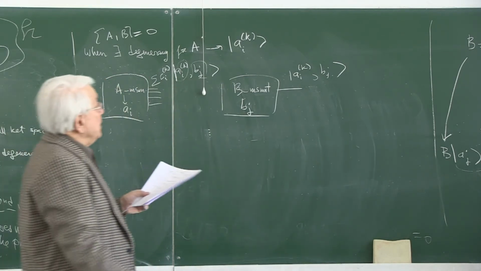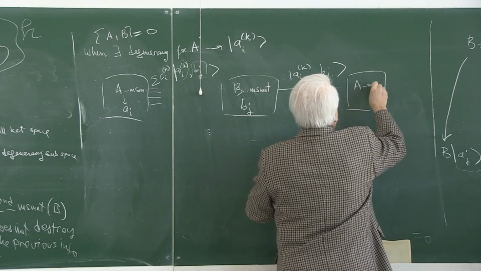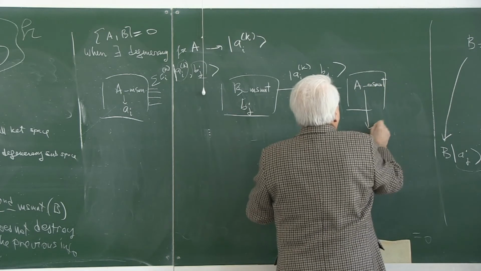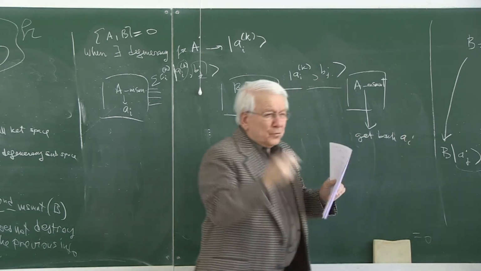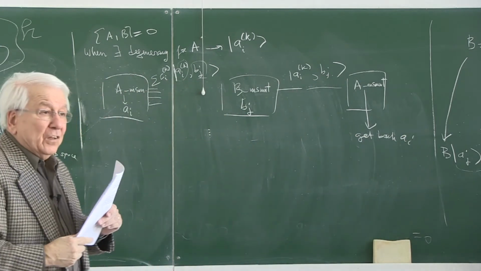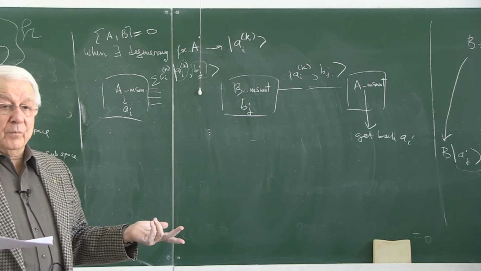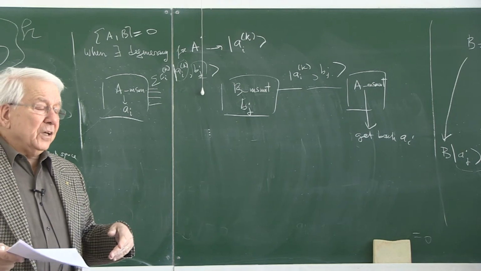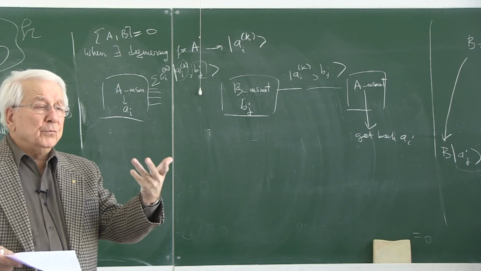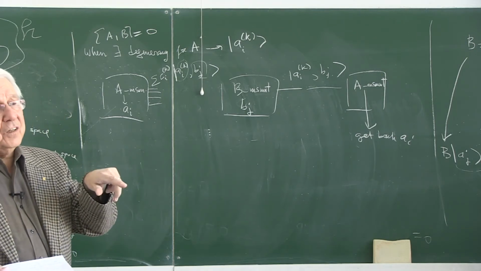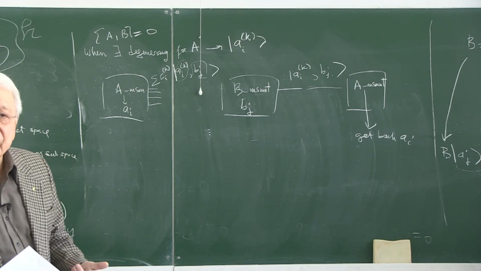If you carry out an A measurement once more, you still get back AI. You see, the complication of the notation doesn't really spoil the basic principle that if you are carrying out measurements A and B consecutively, once you get an original value in the first measurement for A, whatever you do at the second step, regardless of whether it is degenerate or non-degenerate, you still get back the same AI.